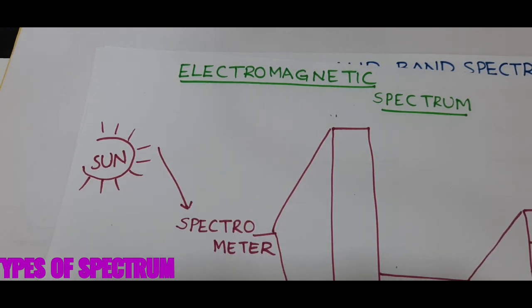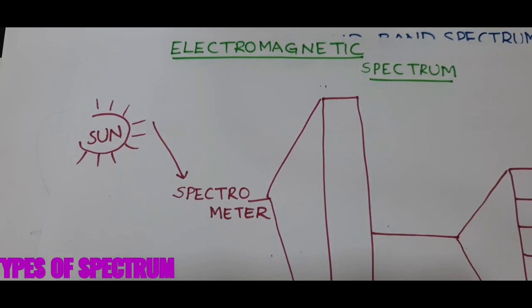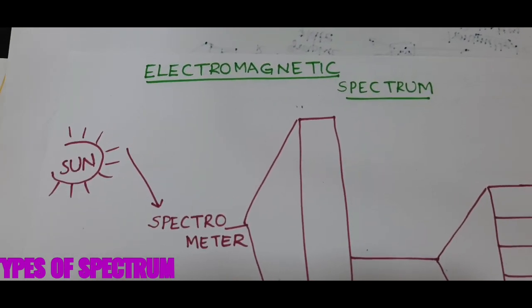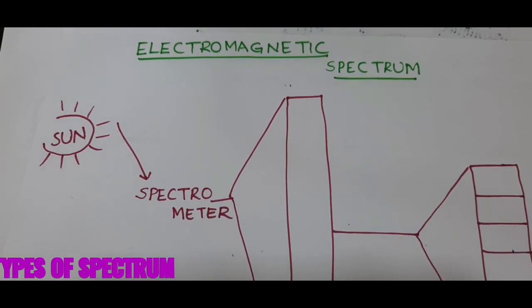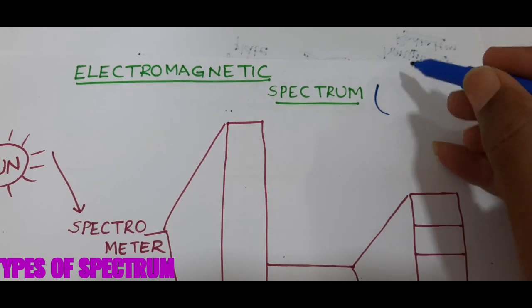What is electromagnetic radiation? Nothing but light. Light is an electromagnetic radiation. The spectrum which is obtained by the analysis of electromagnetic radiation, or the analysis of light, is called the electromagnetic spectrum. That means the spectrum given by the light.